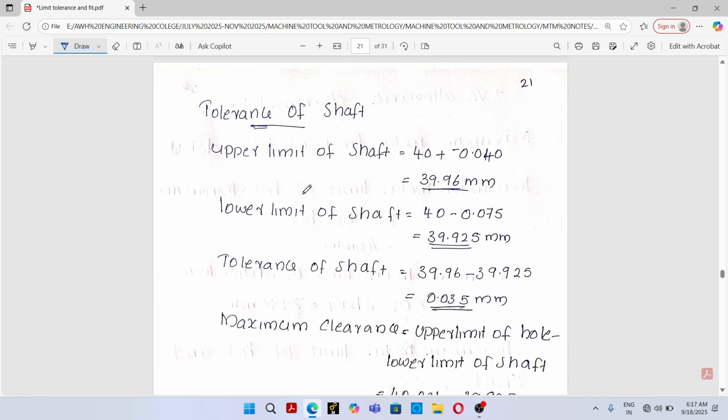Then we have to find out tolerance of shaft. Upper limit of shaft is equal to 40 minus 0.040, 39.96 mm. Lower limit of shaft is equal to 40 minus 0.075, 39.925 mm. Tolerance of shaft is equal to upper limit of shaft minus lower limit of shaft, that is 39.96 minus 39.925, 0.035 mm.